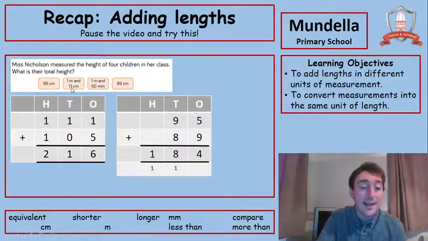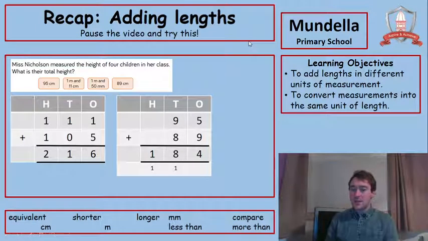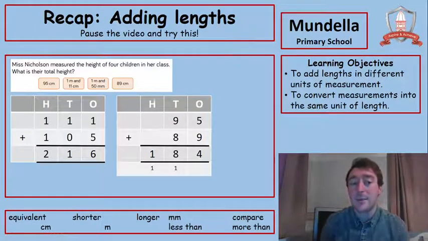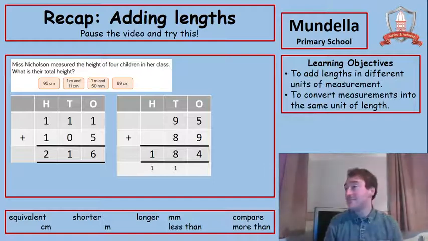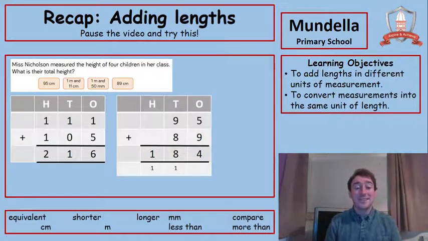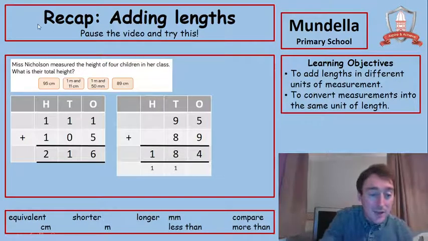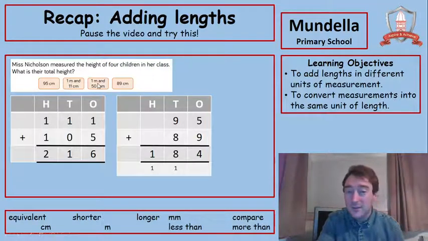1 metre and 11 centimetres. So we're going to have to convert this measurement first into centimetres. What is 1 metre in centimetres? Yes, it's 100 centimetres. And we've got 11 left over, so that's 111. Let's add it to this one. Just chose this one.